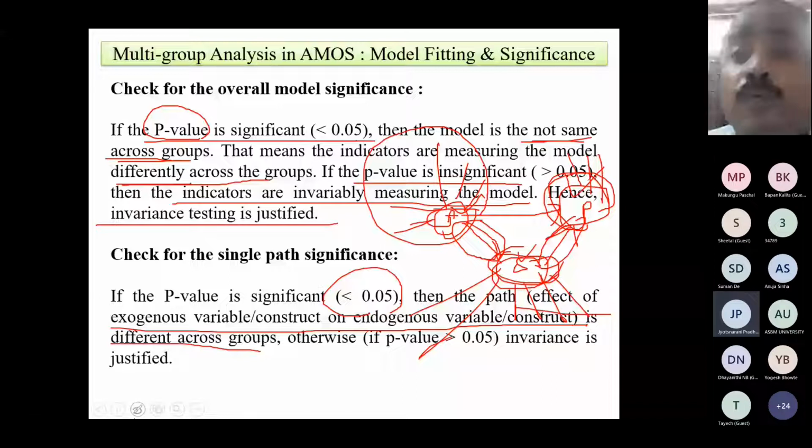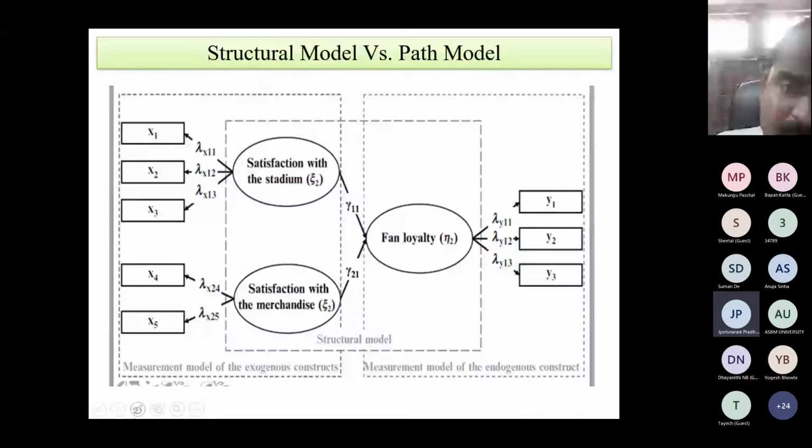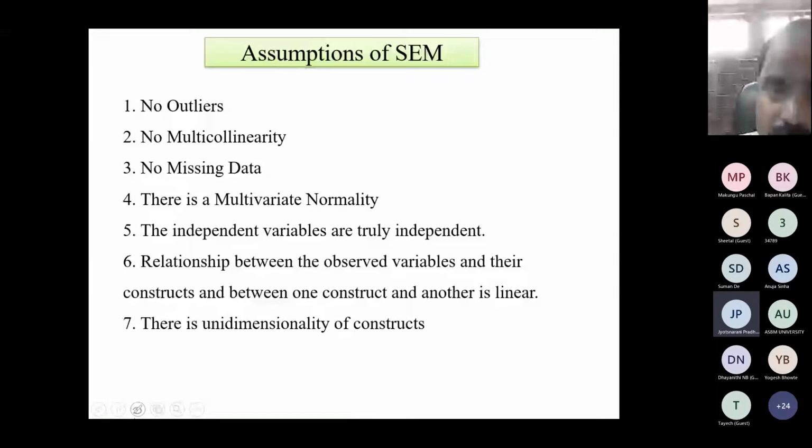This is the thing we want to test. This is the structural model, path model, which I am repeating over time because our basics are this and SEM assumptions are a must. That is the reason I am showing it repeatedly.